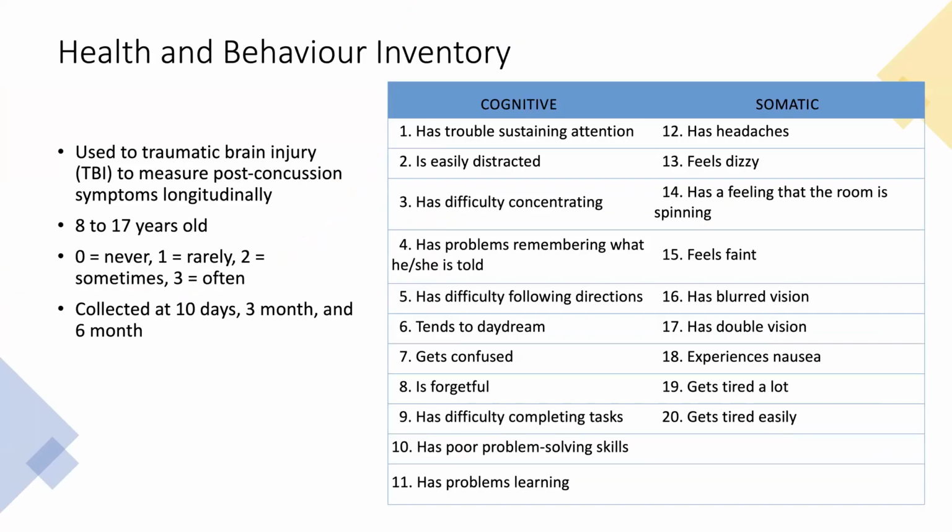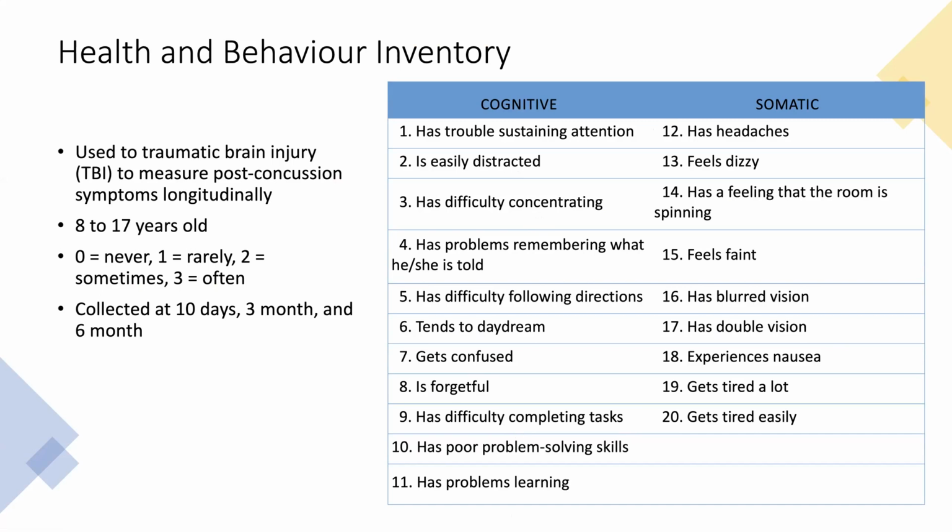So in psychology, we tend to give a lot of questionnaires on different things like psychosocial measurements, or eating, dieting, health habits, sleeping habits, things like that. This factor analysis is based on these 20 questions right here. The first 11 questions ask about cognitive symptoms after concussion.